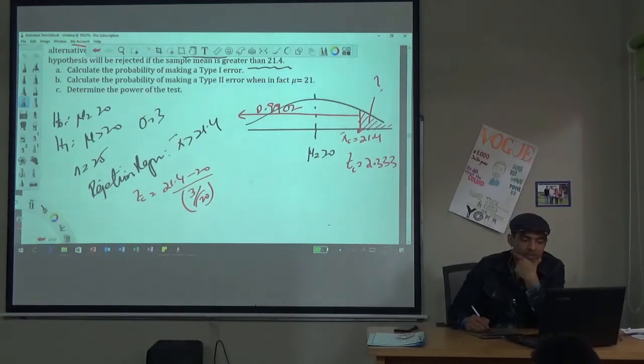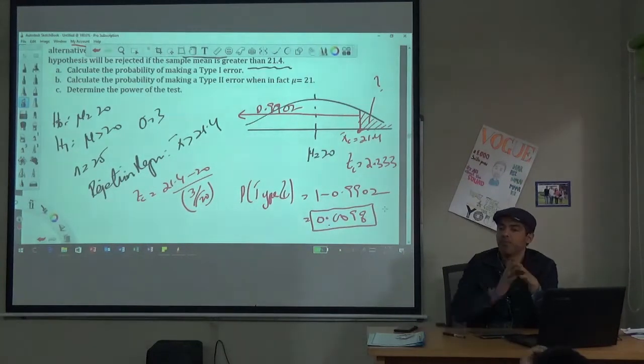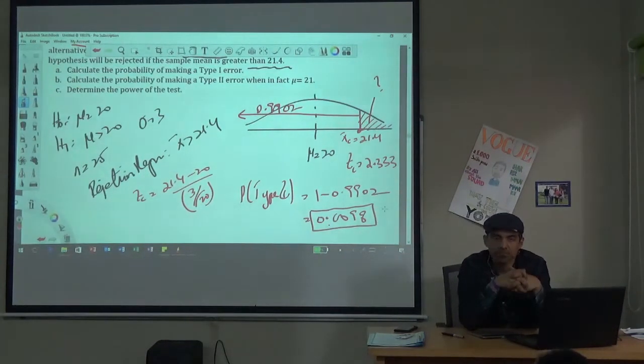So the one that we require, which is basically the probability of type 1, is going to be 1 minus this. 0.0098. That's your probability of making a type 1 error. There's a less than 1% chance that you will make a type 1 error.